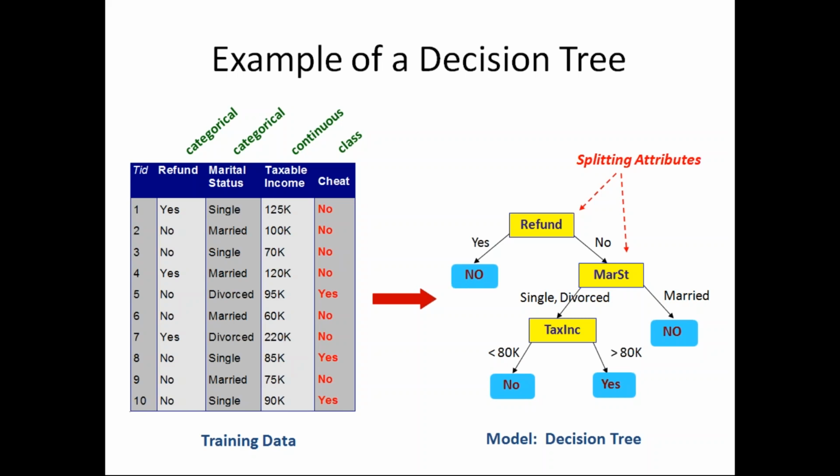So in this case, if you see the row number 5, if your refund status is no and your marital status is divorced and your taxable income is more than say 100k, then there may be the case of cheat. So you may cheat in these cases. There are three yes cases. So this is just an example.